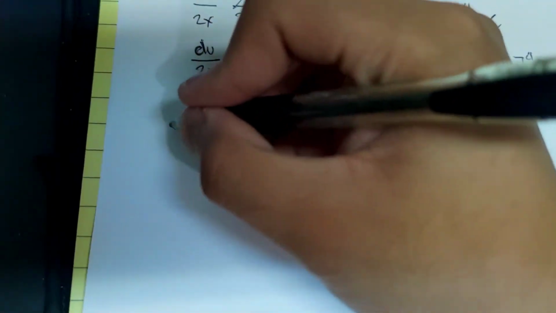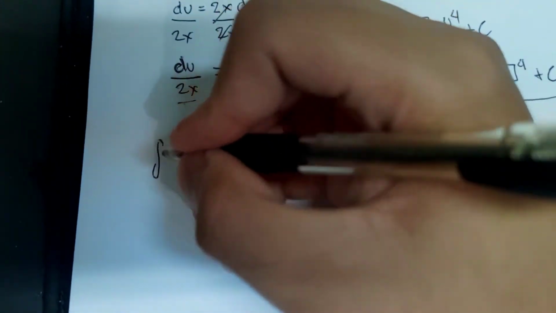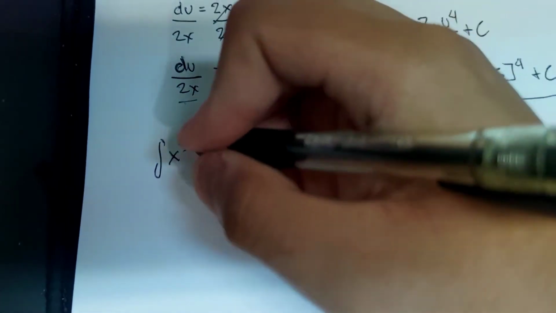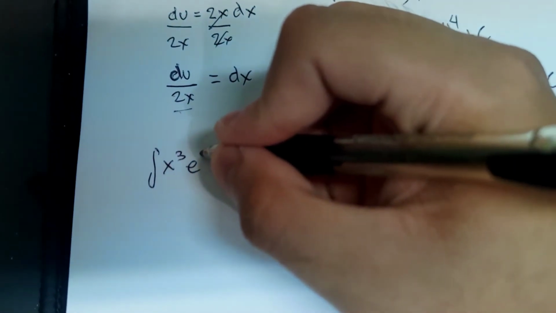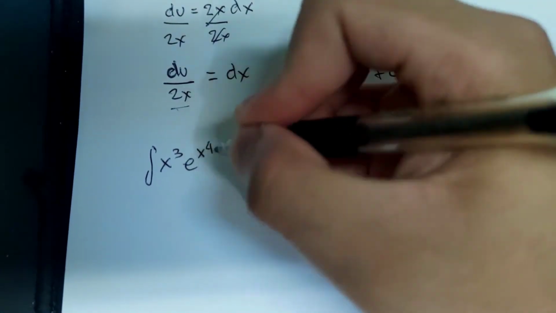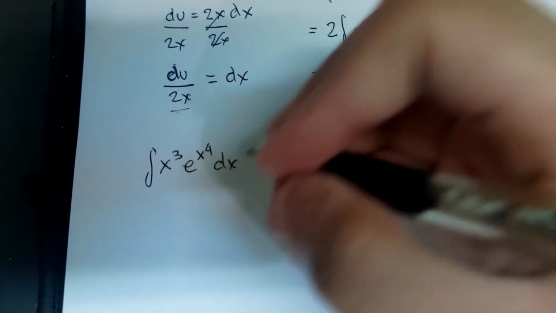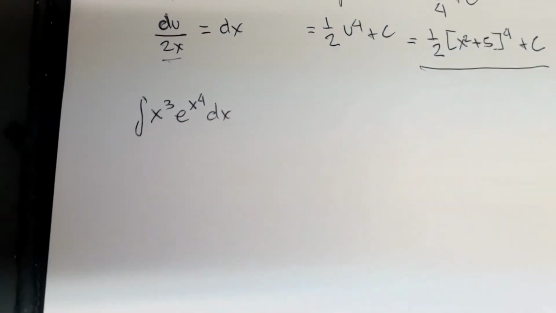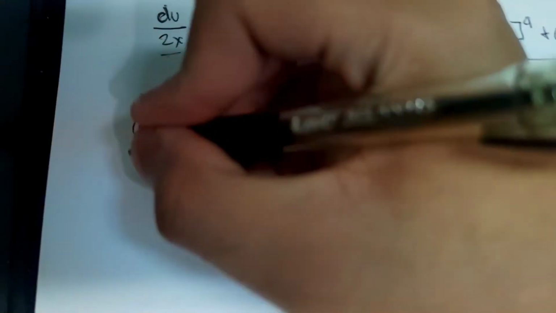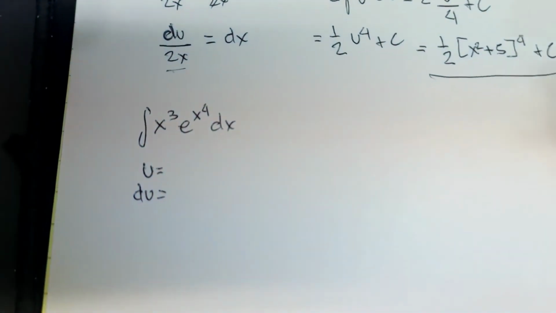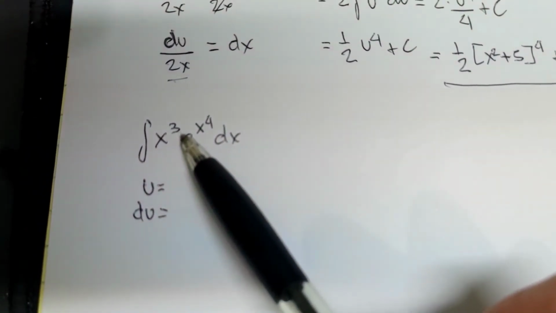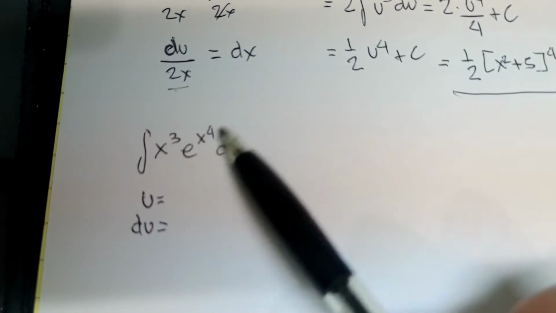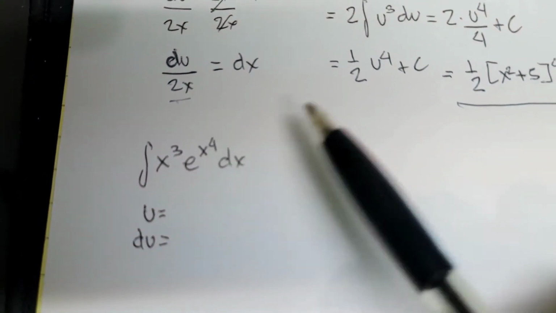Next, let's have another one. Integral of x cubed times e raised to x to the 4 dx. So what will be our u here, u or du? If we make x cubed our u, we can't get rid of x to the 4.